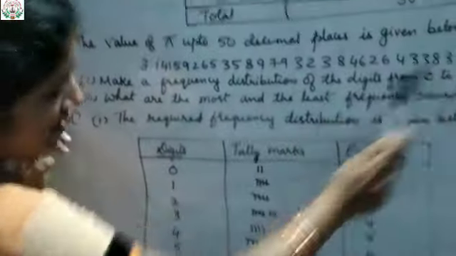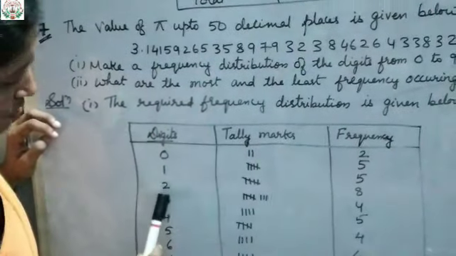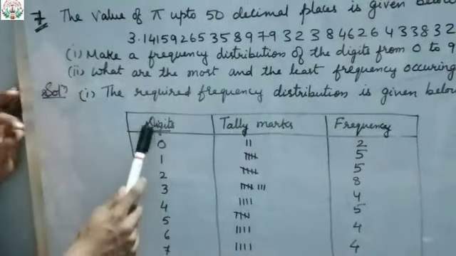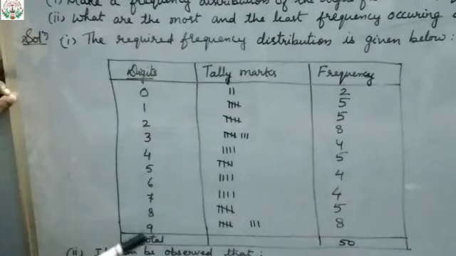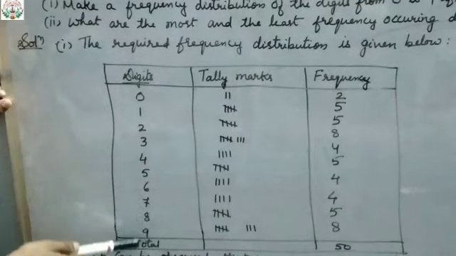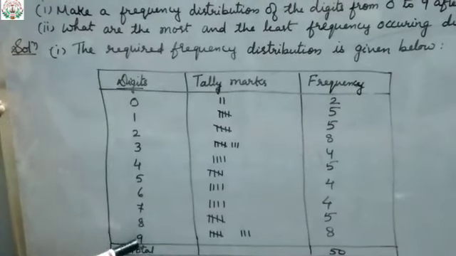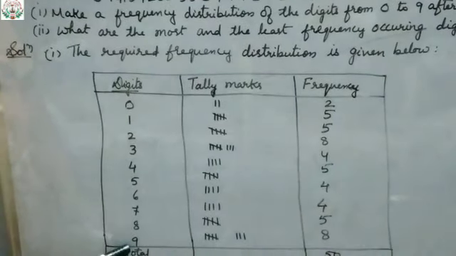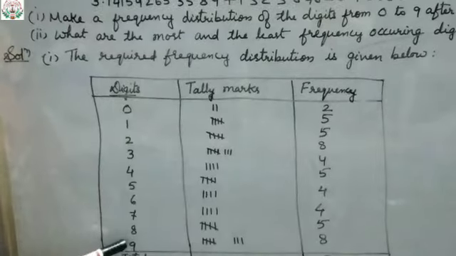Starting with 0, then 1 is also there, then 2, 3, 4, till 9. All the single digit numbers will be written, that is 0, 1, 2, 3, 4, 5, 6, 7, 8 and 9, because 10 becomes a 2 digit number. So we have to take only the single digit numbers.